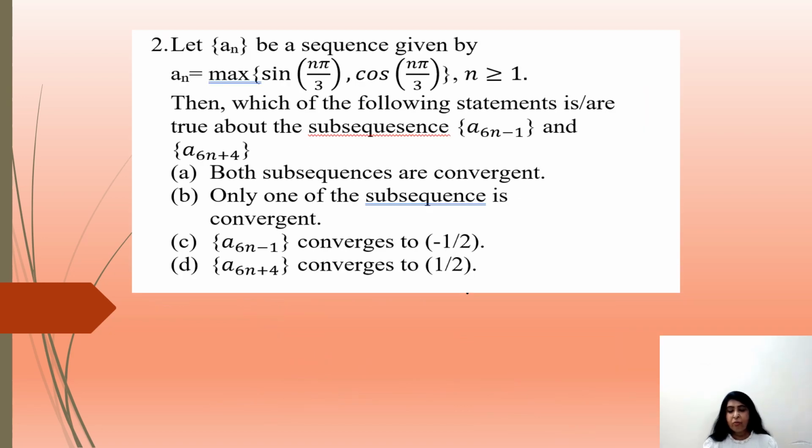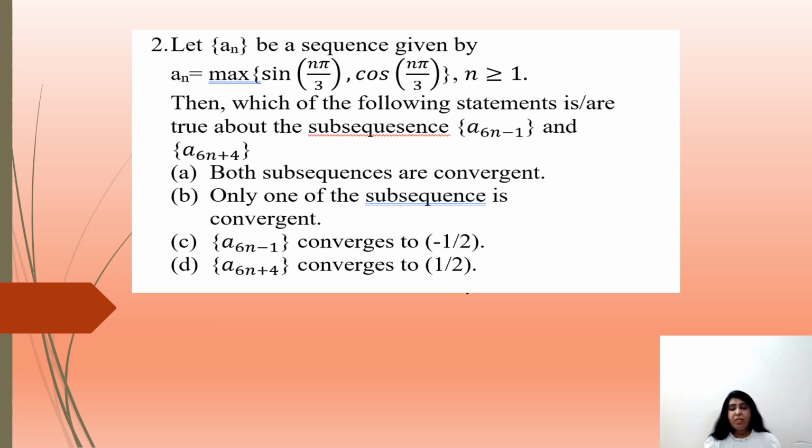Next we have An, a sequence given by An is the maximum of sine n pi by 3 and cos n pi by 3, for n greater than or equal to 1. Then which of the following statements is or are true about the subsequences A 6n minus 1 and A 6n plus 4?